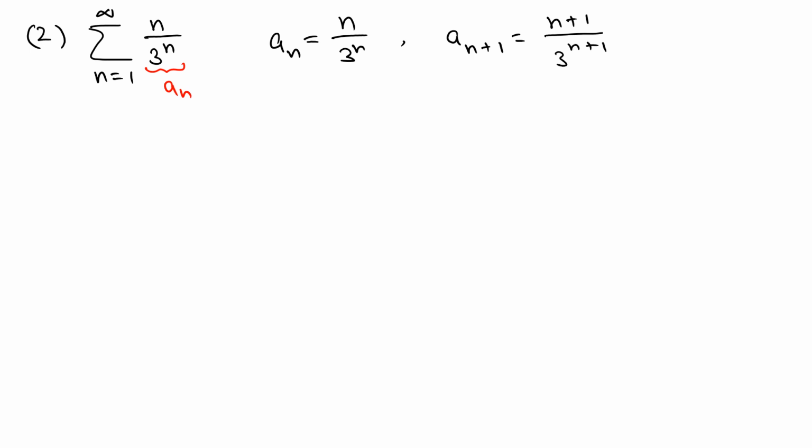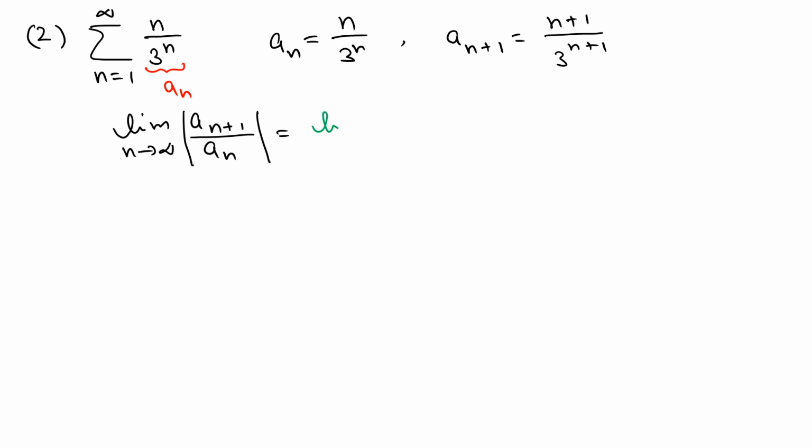Now we look at the ratio and take the limit. So it's the limit as n goes to infinity of the absolute value of a_(n+1) over a_n. So we look at the absolute series.